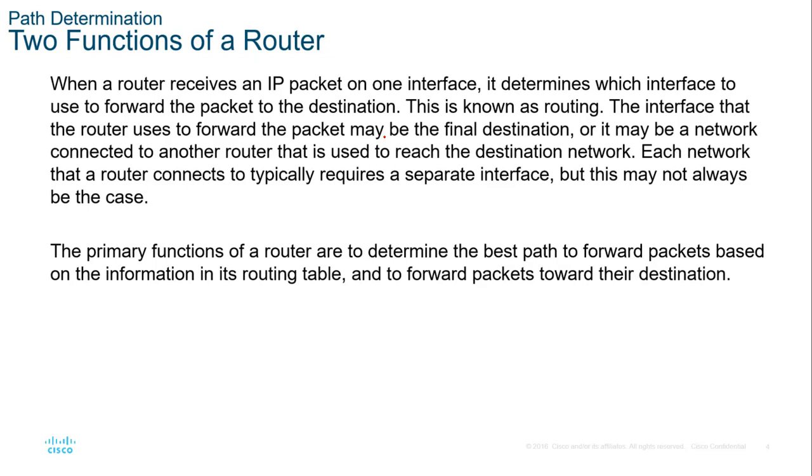The router might forward the packet to the final destination, or it might route the packet to the next router so that router can reach the final destination. The functions of a router are to determine the best path to forward packets based on the information in its routing table, as you're going to see in the coming slides, and to forward packets toward their destination.